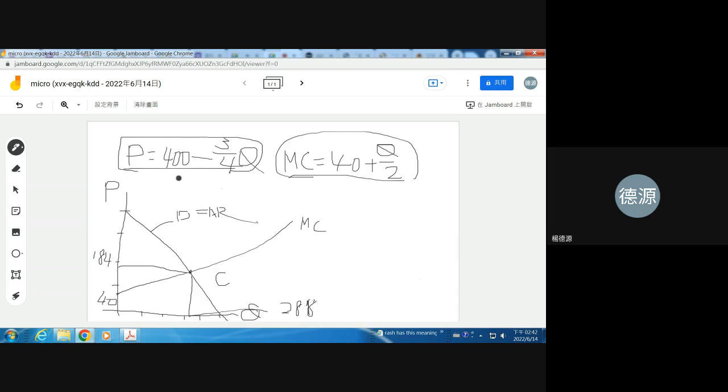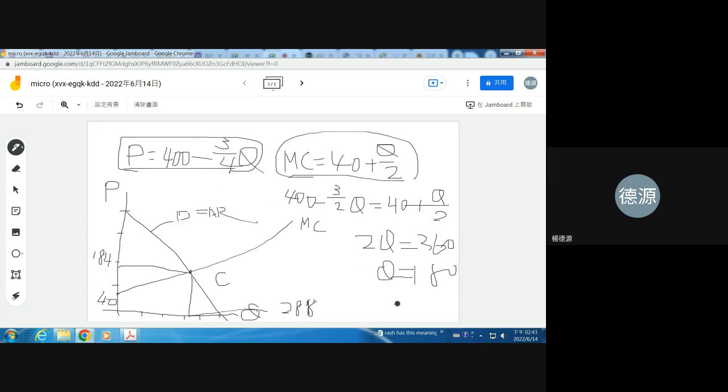So the total revenue will be 400Q minus 3/4 Q squared. So then the marginal revenue is going to be equal to 400 minus 3/2 Q, and it is equal to 40 plus 1/2 Q. So 2Q is equal to 360. Q is equal to 180. Okay, then how much will be the price?